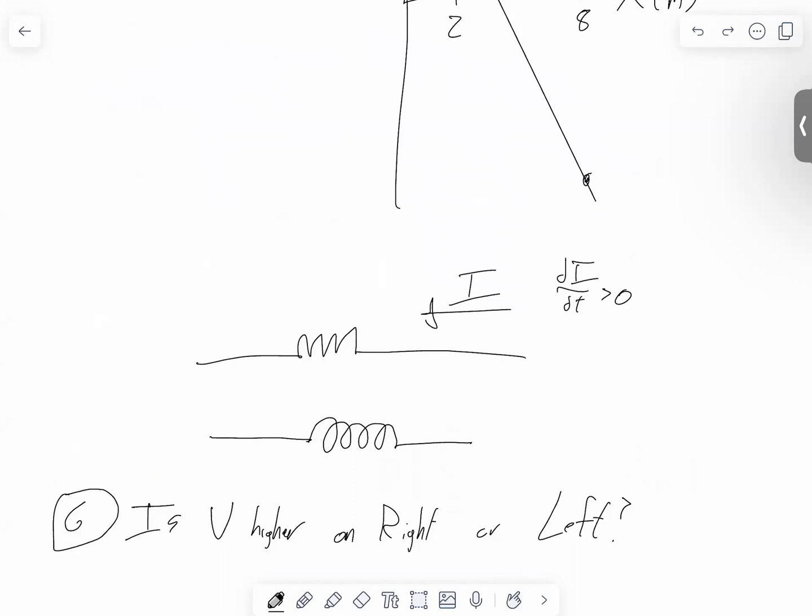Which way is the applied current flowing? If the wire is winding counterclockwise, and the wire is coming out like this, the current goes this way.